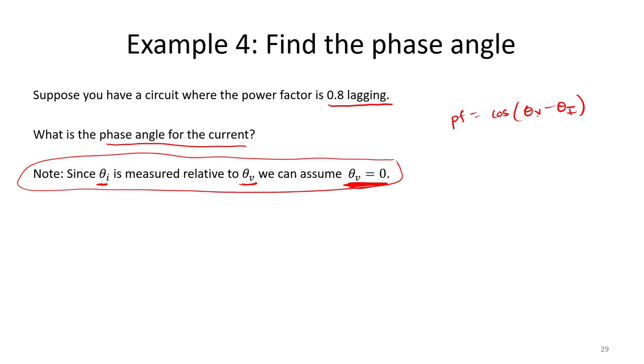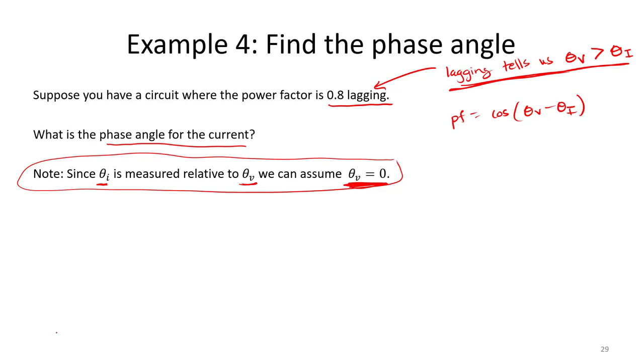So in this case, let's go ahead and assume our voltage phase angle is 0. We know our power factor is 0.8 lagging. Remember, 0.8 lagging tells us that in this case, theta V must be greater than theta I. So we need to remember that.